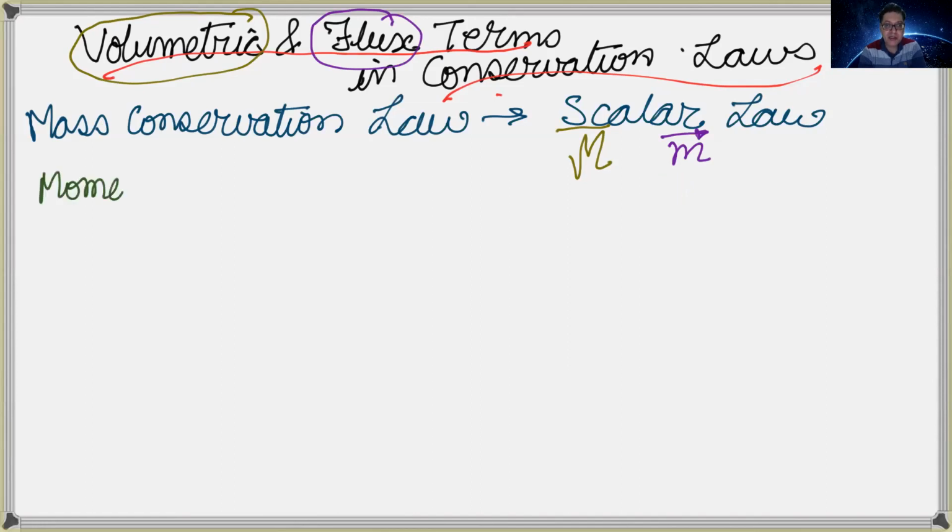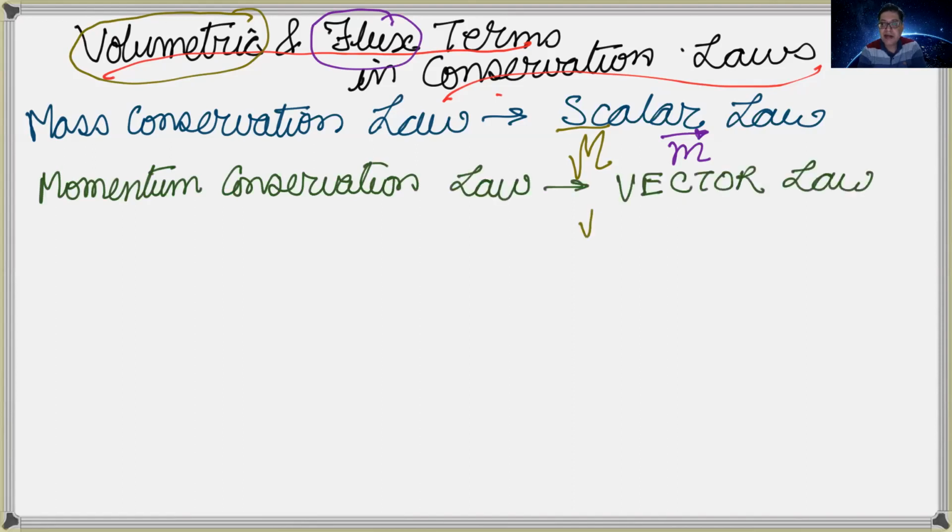The momentum conservation law is a vector law due to the fact that momentum is a vector quantity. In this momentum conservation law, the volumetric term is the volumetric momentum. Momentum is mass into velocity. When you divide by volume, you get this m bar, which equals rho times velocity.